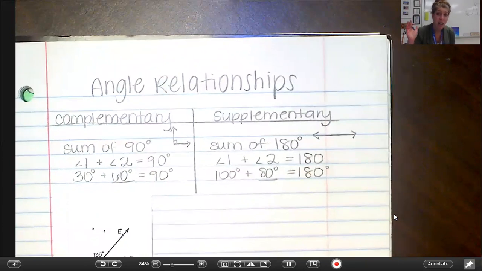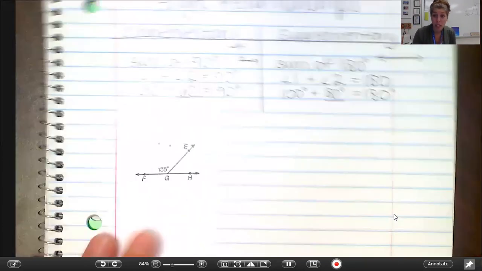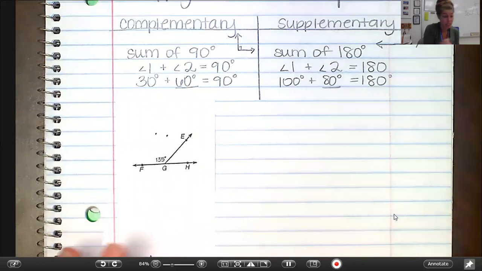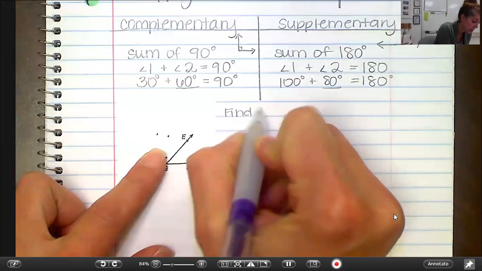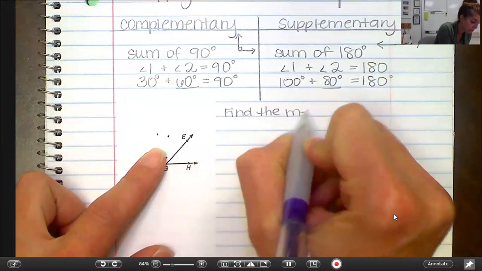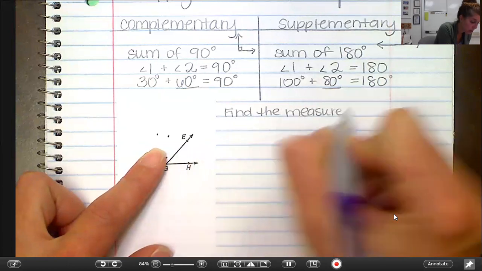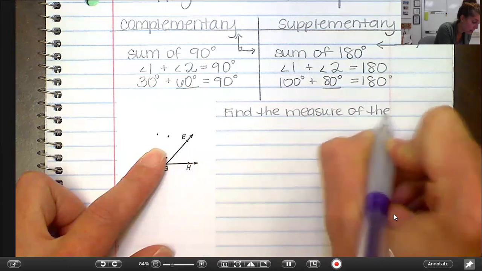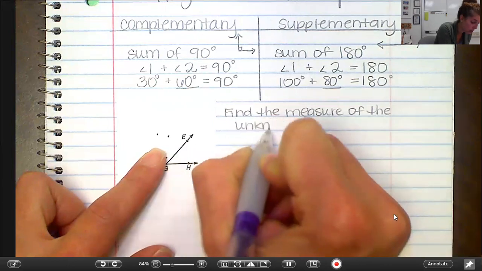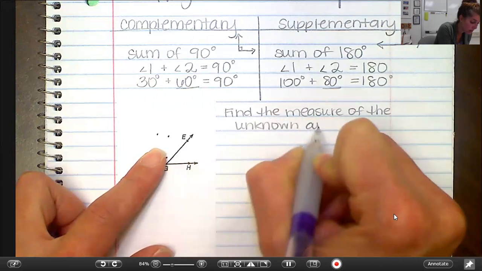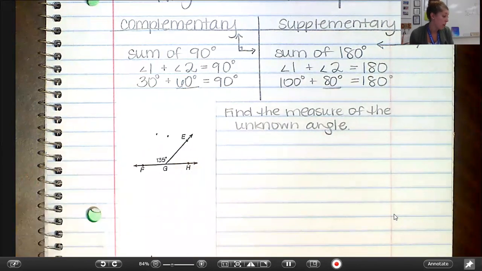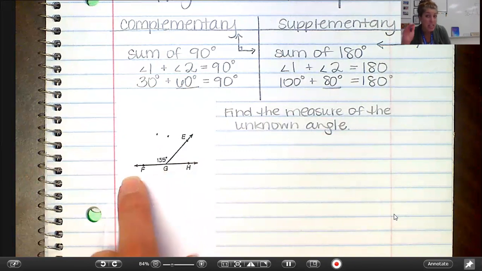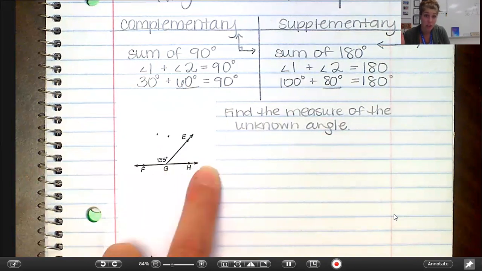Now for the rest of today, it really is the same directions as yesterday, and I'm even going to write them out. We're going to find the measure of the unknown angle. Okay, so immediately my eye sees this straight line, right?